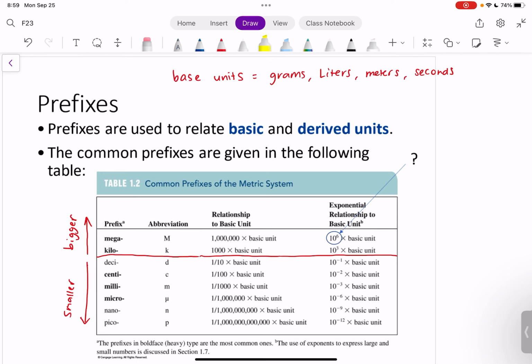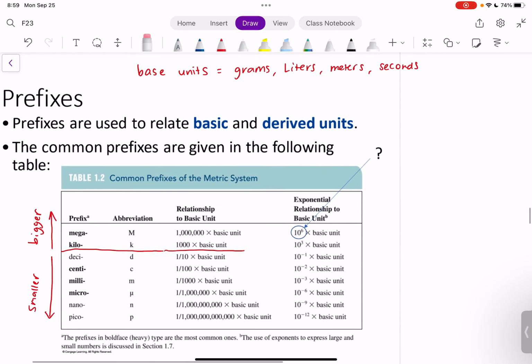That's given by this column right here that shows the multiplier, which are these 10 to the something. These multipliers are what you multiply by your base unit to either increase the size of your unit or decrease it. That tells you how much bigger or smaller that unit is when you add the prefix.